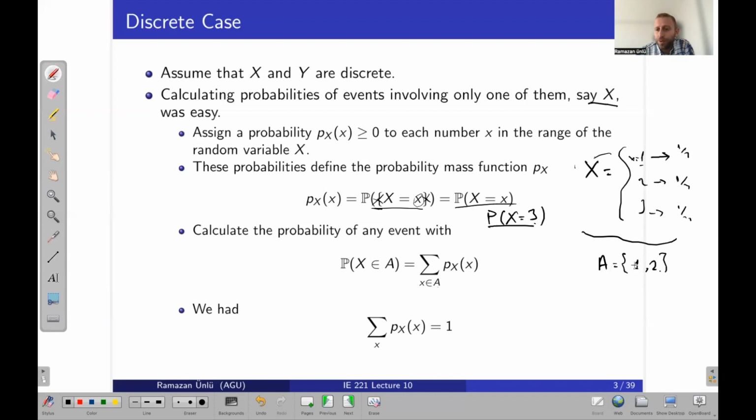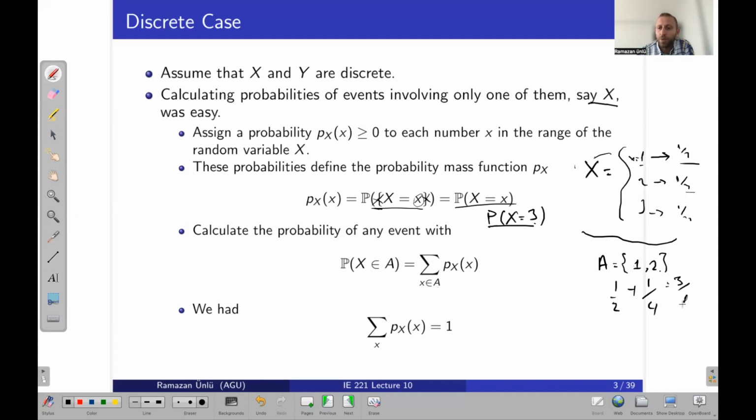To calculate the probability of A, I first calculate the probability of X equal to 1, which is 1/2, plus the probability of X equal to 2, which is 1/4.